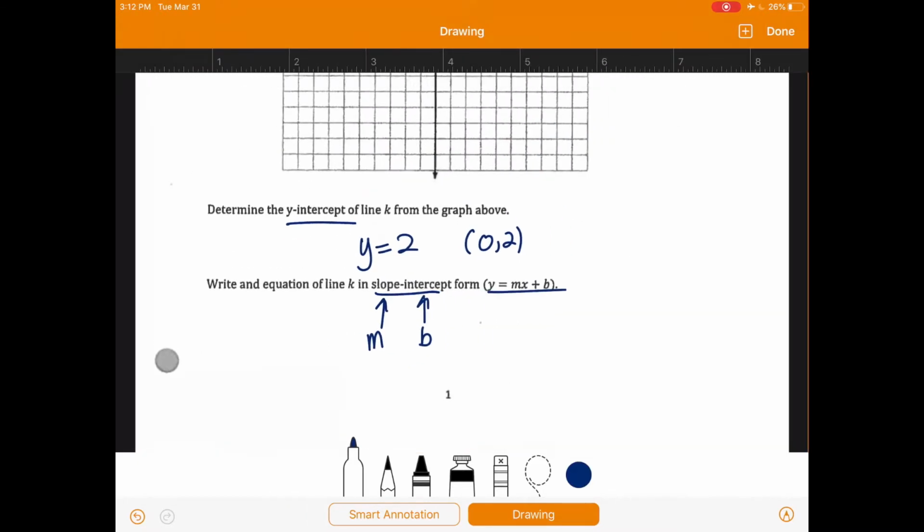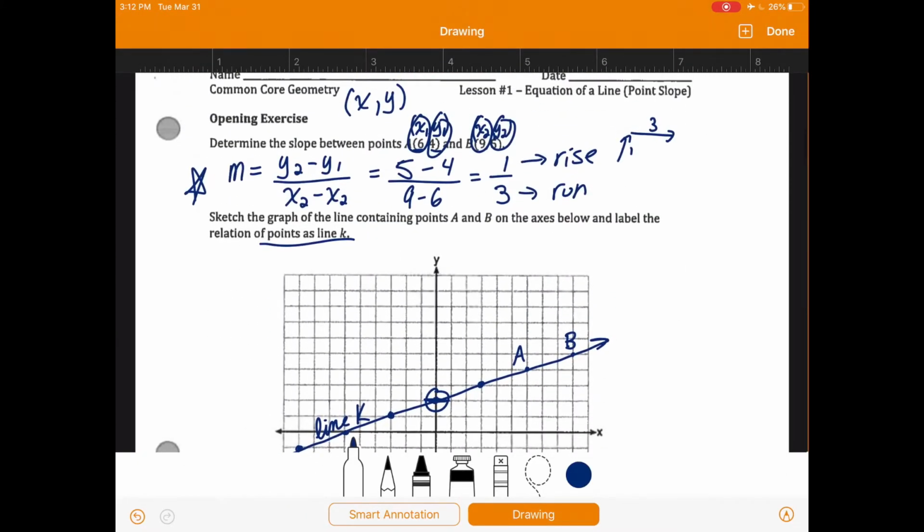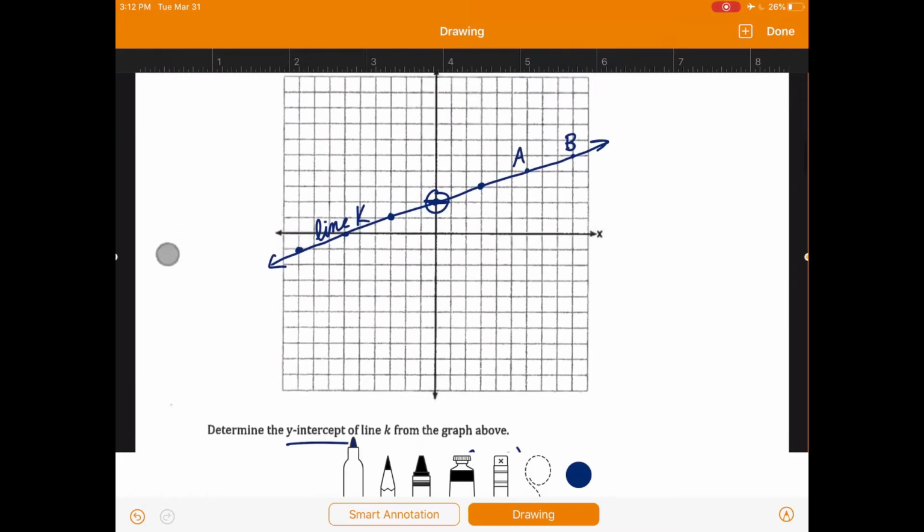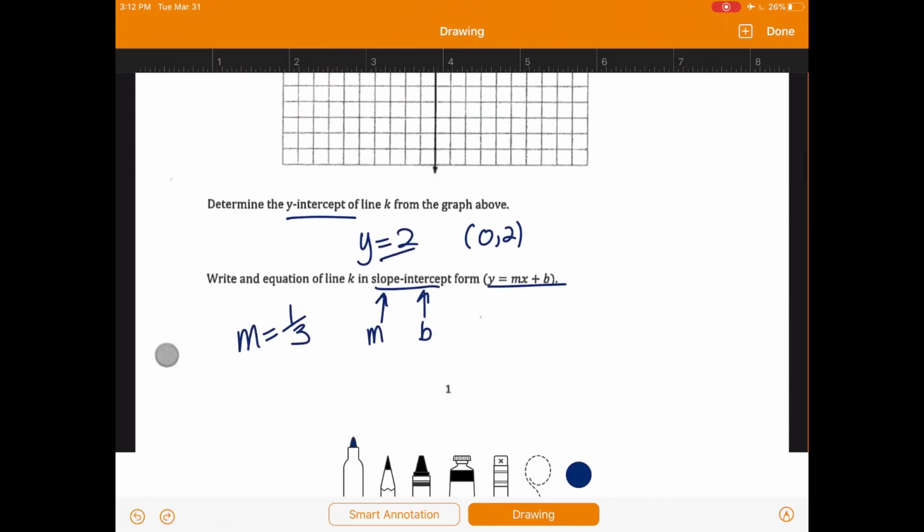What we figured out already is that the slope is 1/3. Okay, so we know that m is 1/3. And then the y-intercept, we just figured that out too, right here, is going to be 2. So b equals 2.